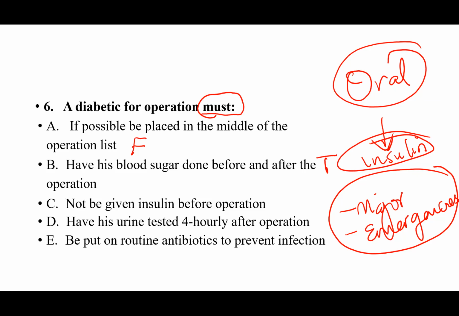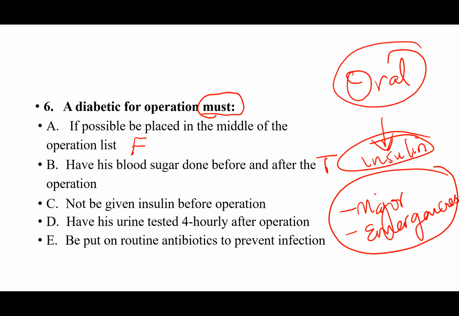There are some that are on diet going for a minor operation, like when you want to just excise a lipoma, a day case. You don't need to give them insulin. You don't even need to give them drugs. They are already on that.